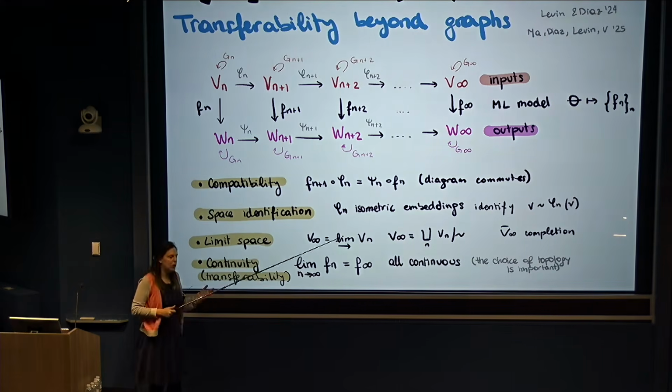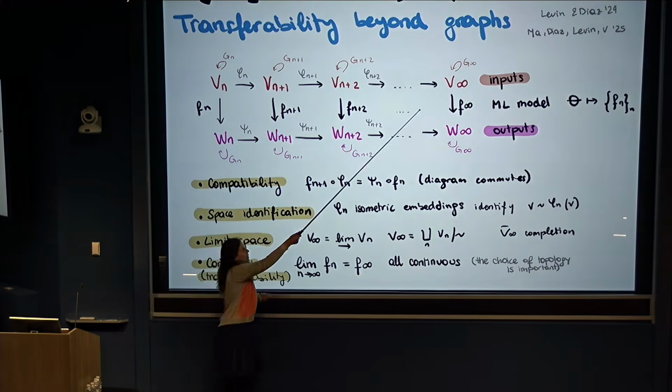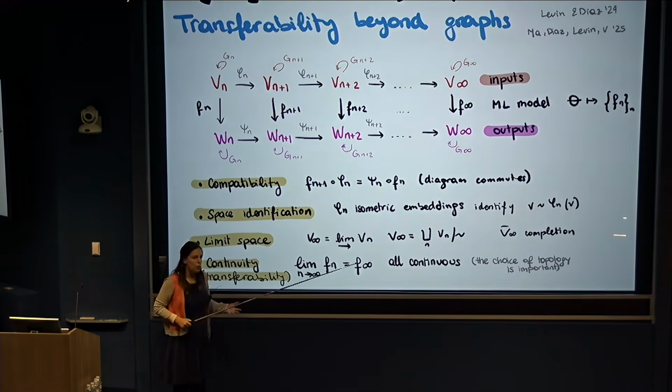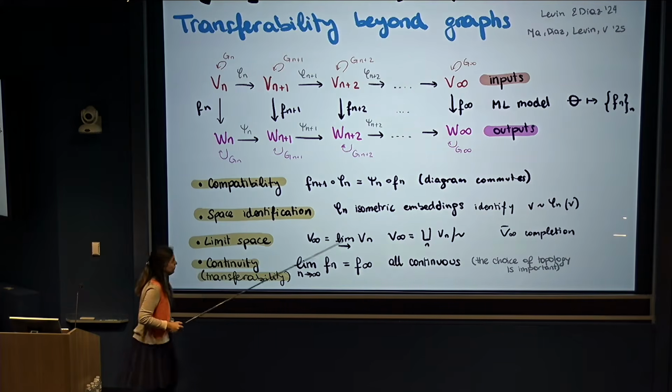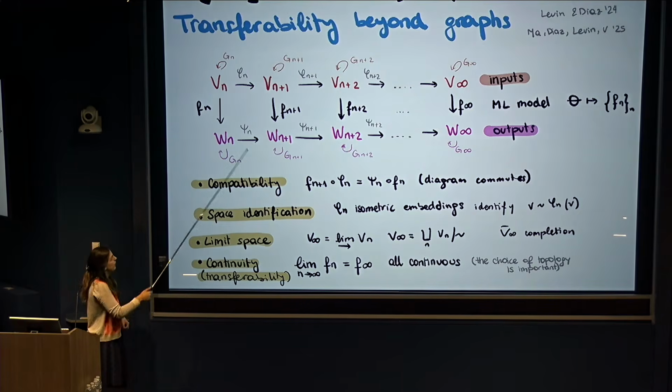And so that will give you a metric, if these embeddings are isometries with respect to the metric in each of these spaces. That will give you a metric in the infinite dimensional space that you can use to compare objects of different sizes. The conditions that we need are compatibility, which is that this diagram commutes.